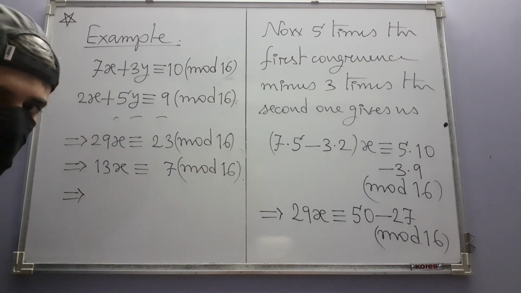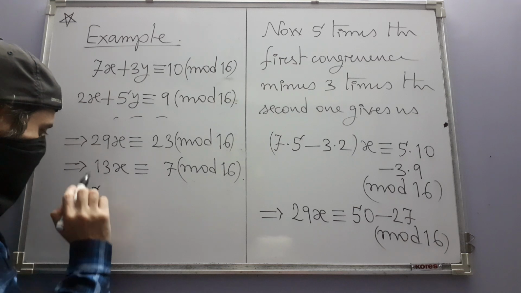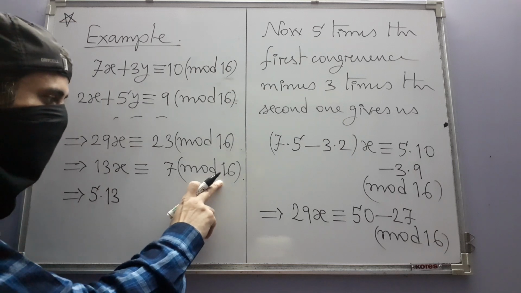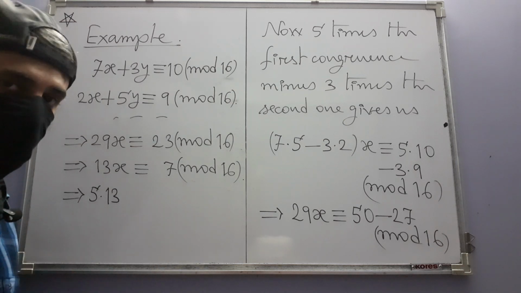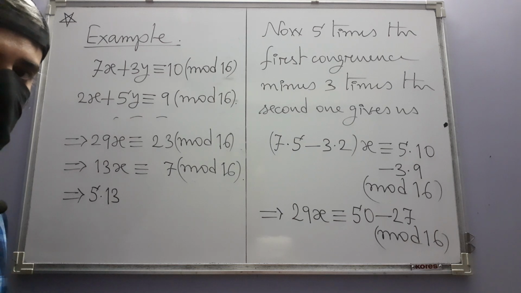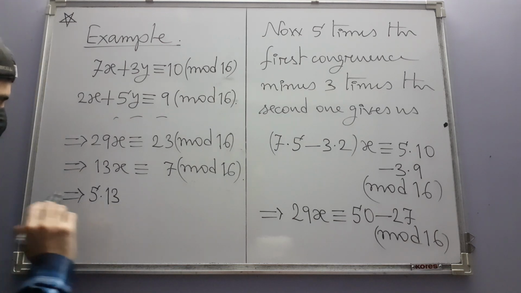In fact, that's what you want, right? So you will notice that 5 times 13 is 65, and 4 times 16 is 64. So 5 times 13 is congruent to 1 mod 16. So we multiply both sides of this congruence by 5.